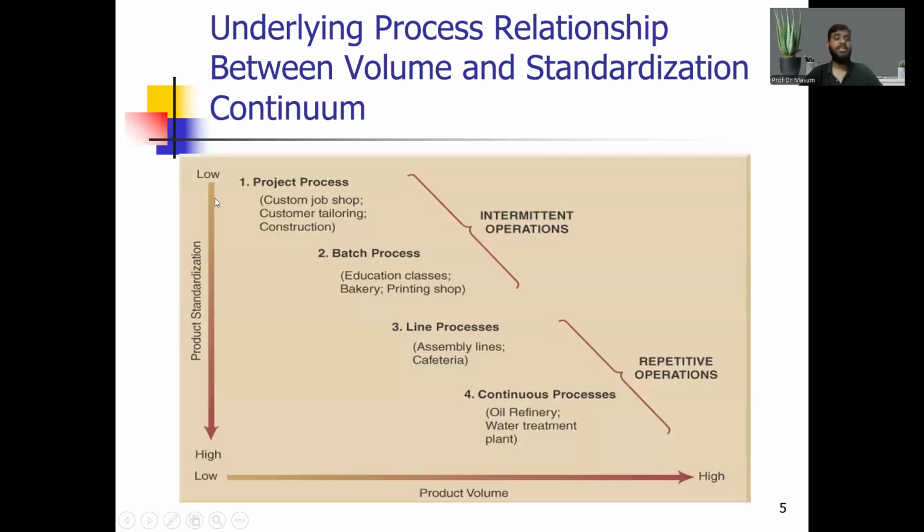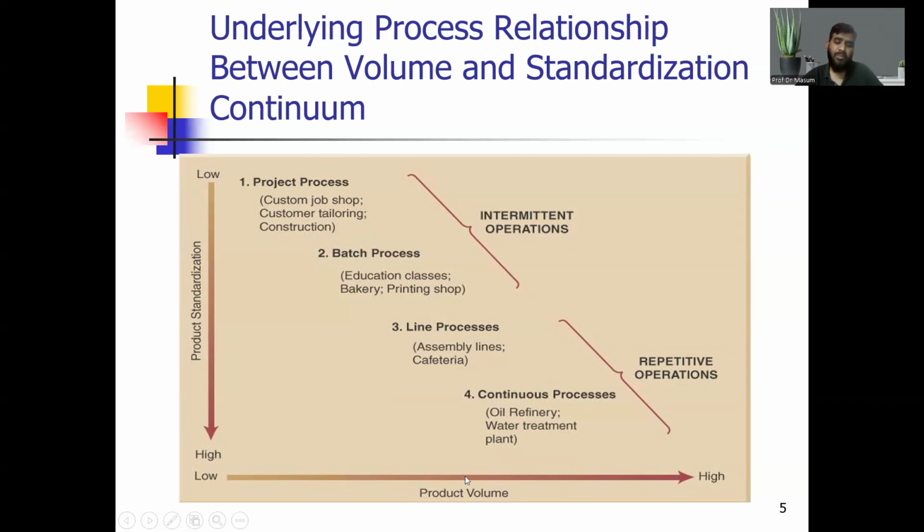That means product standardization. The higher the product volume and the more the product standardization, you are using continuous process or line process. You are using batch process or project process when the product is very low standard and the volume is also low.